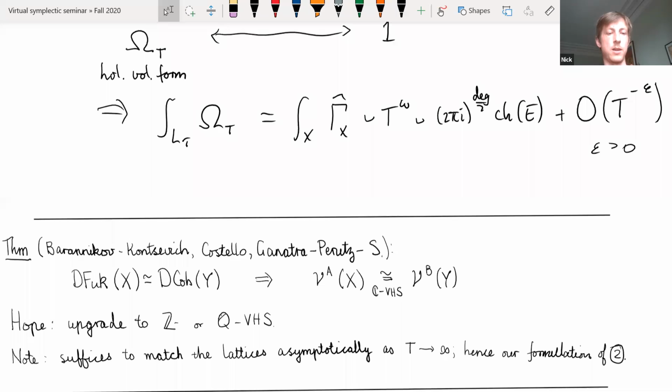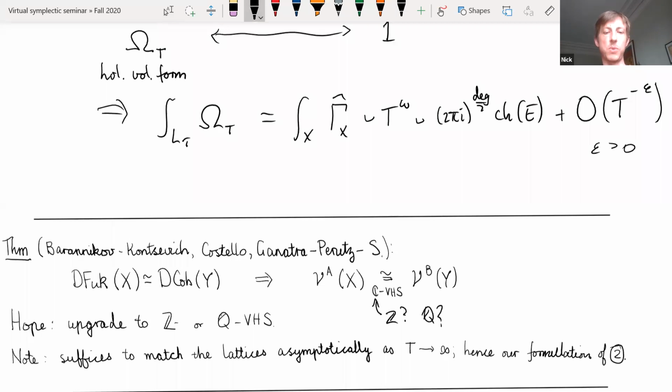Following work of several groups of people, we understand well now that when homological mirror symmetry is true, in certain settings that I'm not writing the precise conditions here, this implies that we have this isomorphism of complex variations of Hodge structures. And it would be nice if we could replace this C with a Z or a Q.